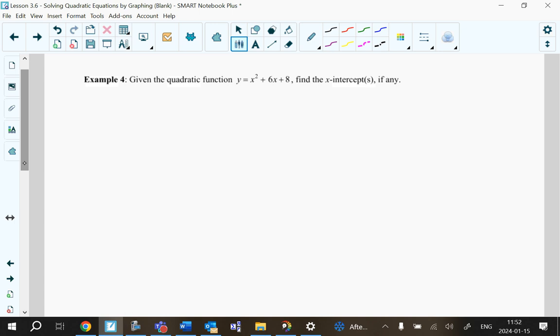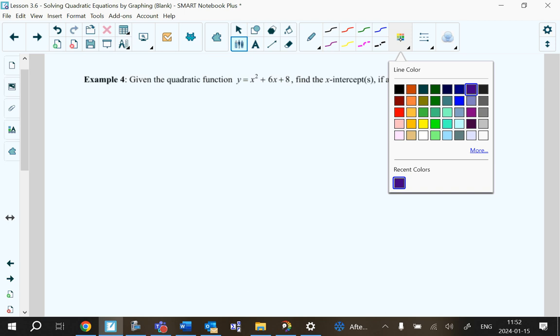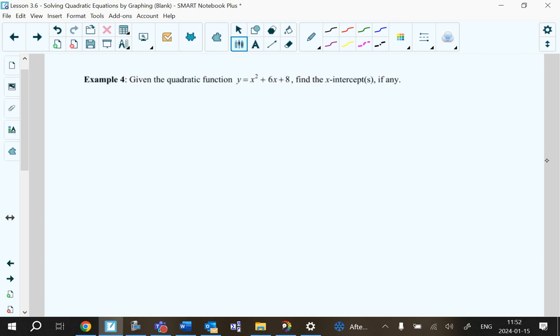And you guys learned in grade 10 last year, how do you find the x-intercepts of any graph? Always make y equals 0. So to find the x-intercept, make y equals 0.